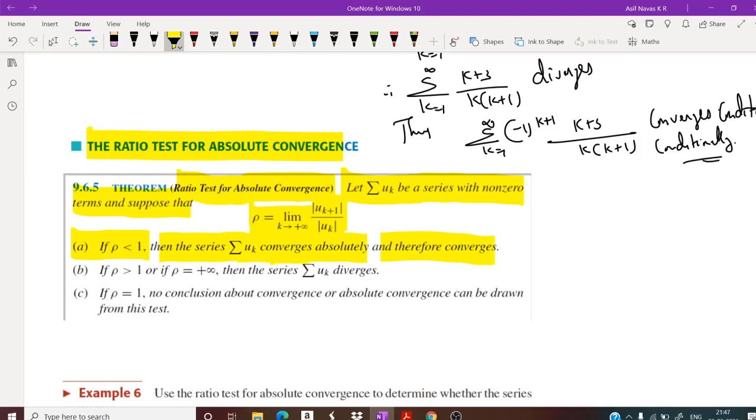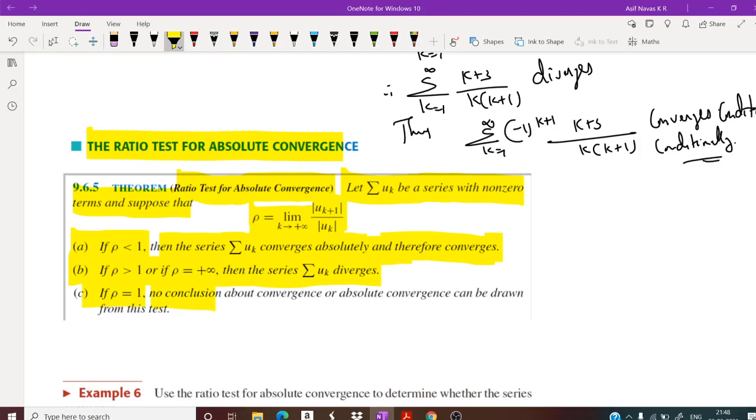So if a series converges absolutely, then it's obviously convergent. And this is the important part. If rho greater than 1, the series diverges. That means the series may not be conditionally convergent. That means the series is divergent. And if rho equal to 1, there is no conclusion.